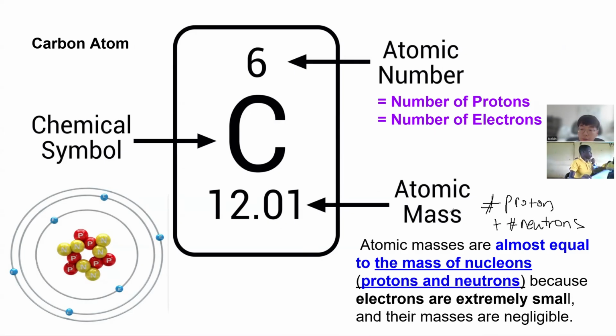That's how you can get the number of neutrons from the atomic mass. Remember, atomic number is equal to proton number, which is equal to electron number. The atomic mass tells you the number of protons plus the number of neutrons.